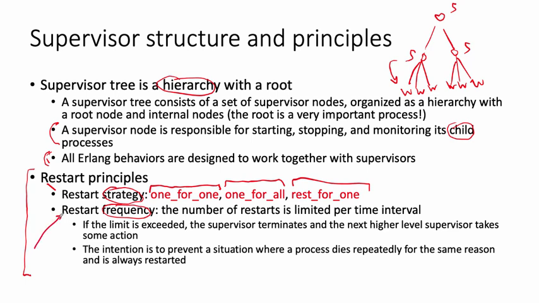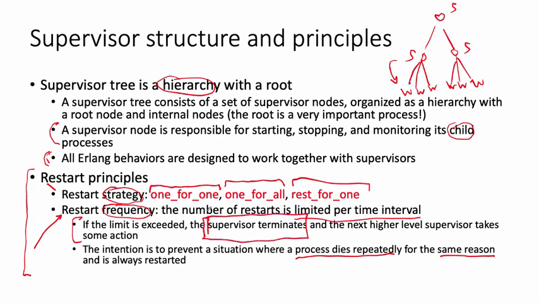The restart frequency depends on how often you restart. If I'm restarting, but then the problem occurs again, and I have to restart again, and then the problem occurs even again, and I have to restart again. If this happens too often, if a process dies repeatedly for the same reason, then the supervisor strategy is not working, and the supervisor itself will terminate.